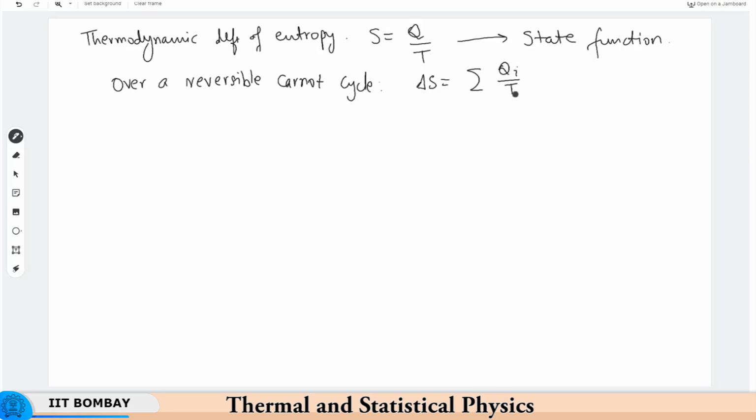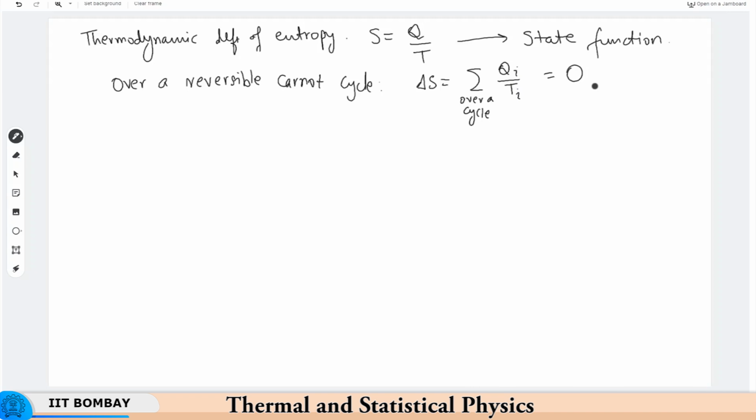So if you sum up all the heat exchanges divided by the temperatures of those particular processes, for example an isothermal process, then an adiabatic process, then another isothermal process and another adiabatic process, eventually over a complete cycle, we saw that this is 0, right. So that means it is a conserved quantity, all right.